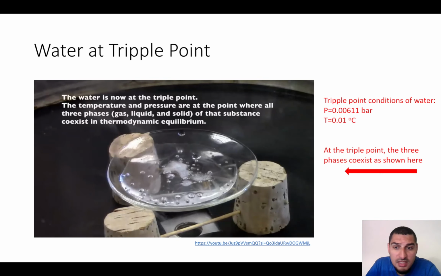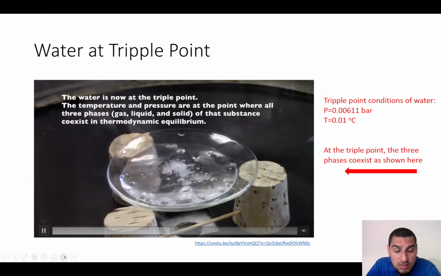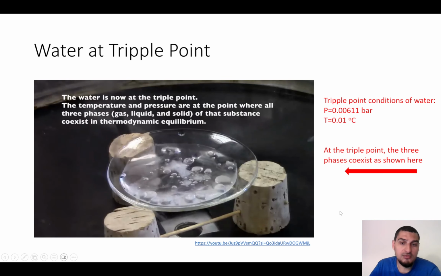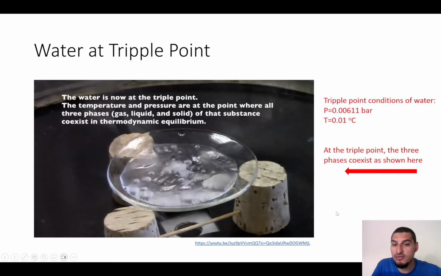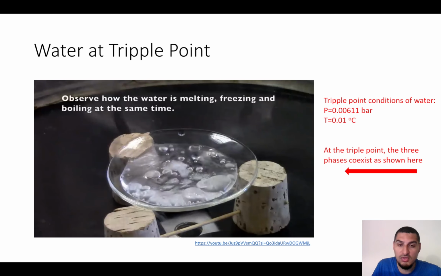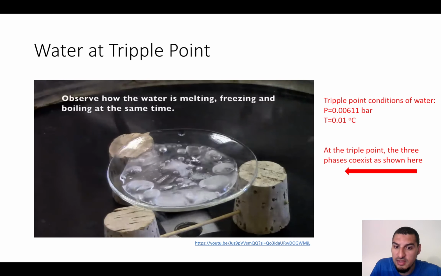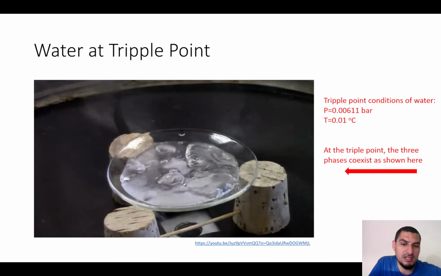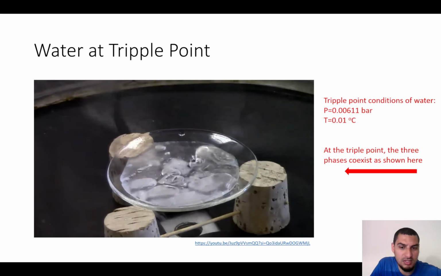There is ice, so it's solid. We have liquid inside and bubbles that are formed. So you have evaporation, you have condensation, you have sublimation, you have freezing and melting, all happening at the same time. So a triple point is a very interesting point. It's a very special point. It happens at very special conditions of pressure and temperature.